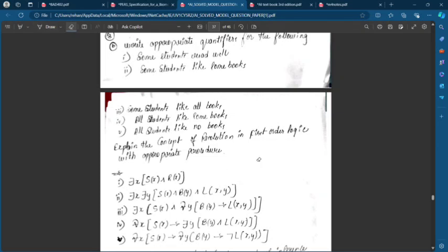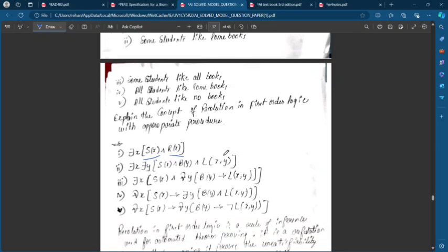So this is also simple, right? Instead of writing it that way, there exists some student who reads well. Both are satisfying here. Then for the second question, some student likes some book: there exists x, there exists y, student and book and likes x comma y.